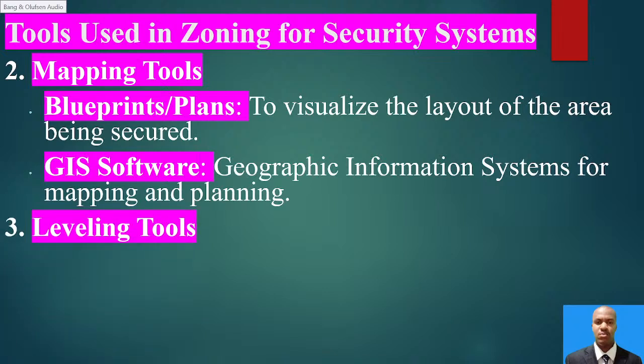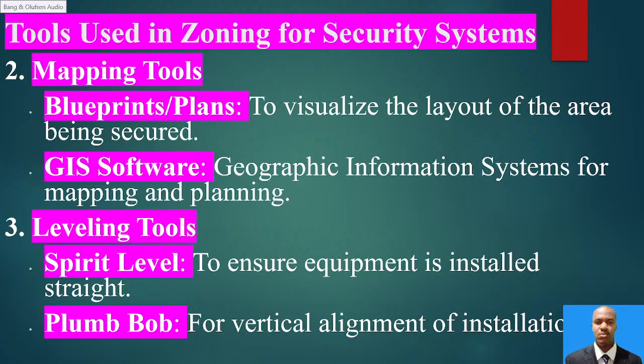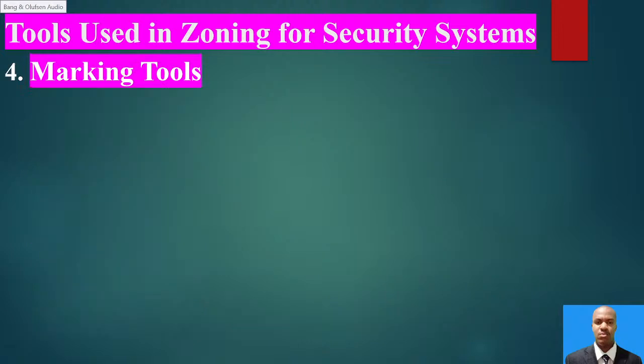We have leveling tools. We have the spirit level under the leveling tools to ensure equipment is installed straight in terms of the horizontal and the vertical view. We have the plumb bob for vertical alignment of installation.